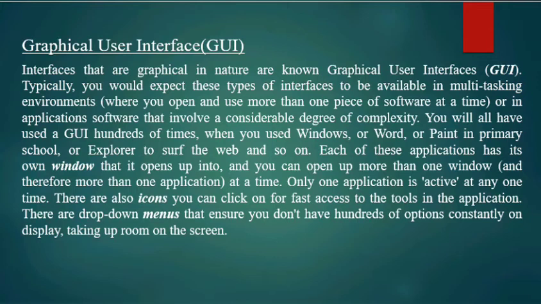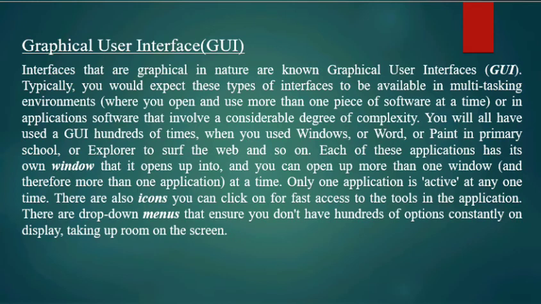He or she can simply use it. It is not complex, it is very simple. For example, if you want to open Microsoft Word, just search for Microsoft Word in the search box and it will be visible. By double clicking on the application, you can open Word and use it. So it is known as graphical user interface.